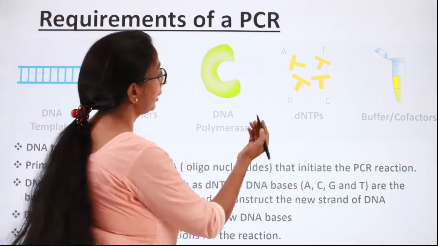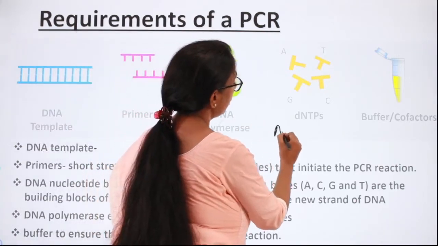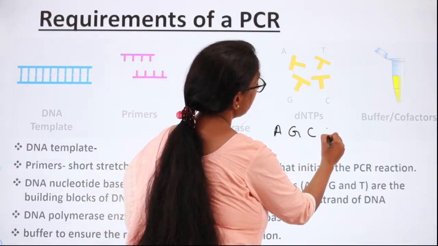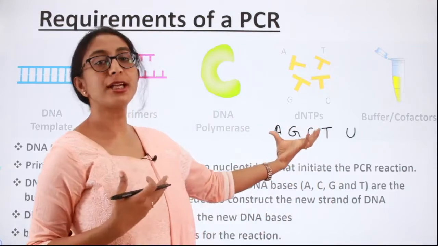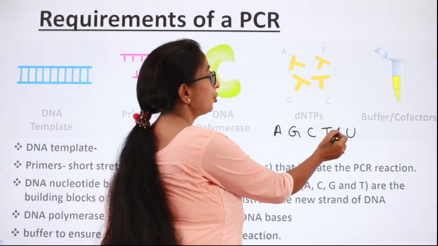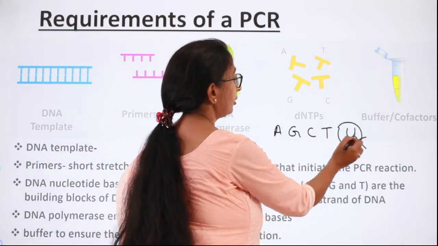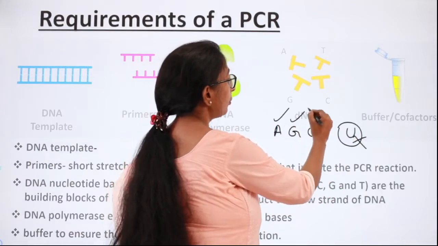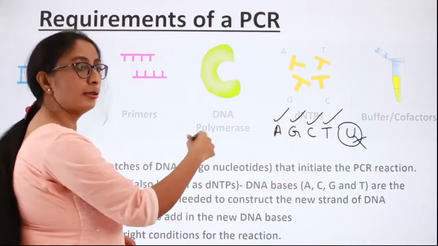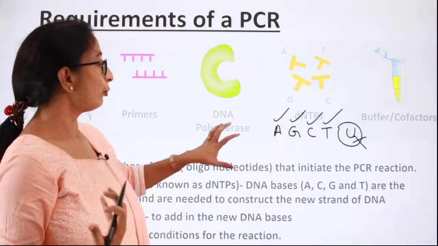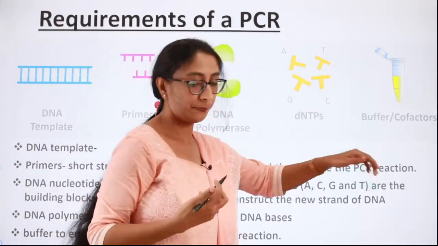They say adenine, guanine, cytosine, thymine, uracil. You need to say which is not used in the polymerase chain reaction. We do not use uracil here. We use only adenine, guanine, cytosine and thymine. Did you understand? These are the kind of questions you can expect.